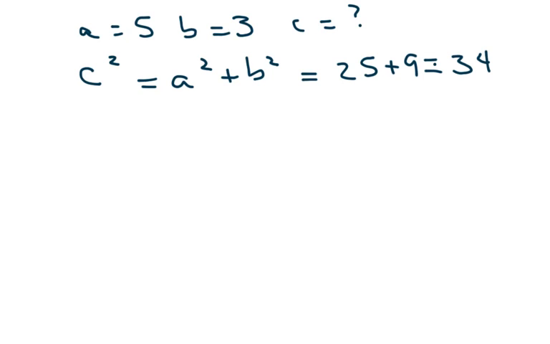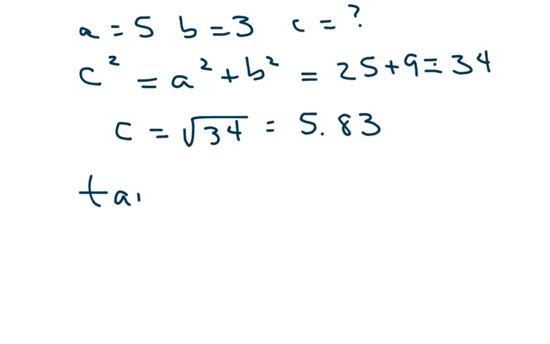Now, what's nice about this chapter is you do get to use a calculator. So C equals the square root of 34, which equals 5.83.